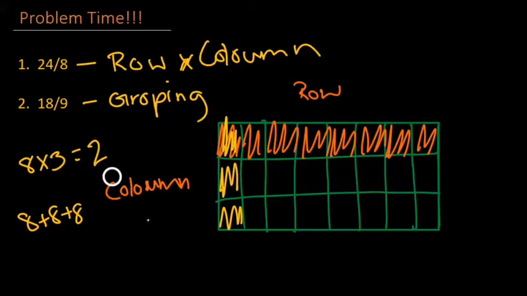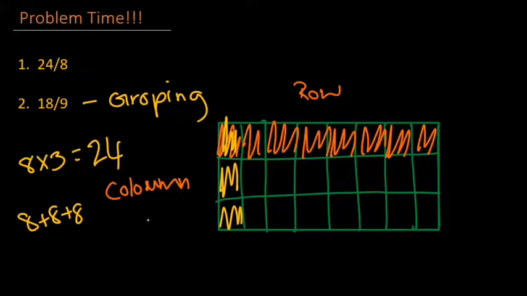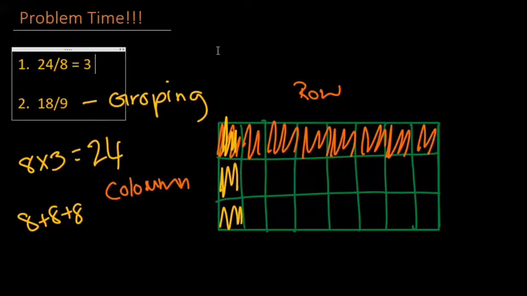Since we have 3 as our answer, 24 divided by 8 is equal to 3.